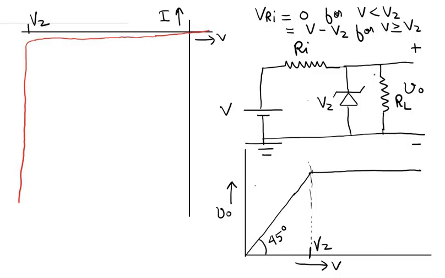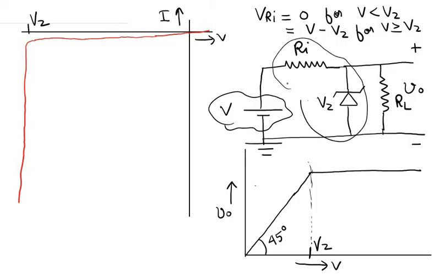So if we want a constant voltage across this load resistor RL, then what we do is we choose a voltage V which is higher than Vz, and we use this circuit to regulate the voltage.